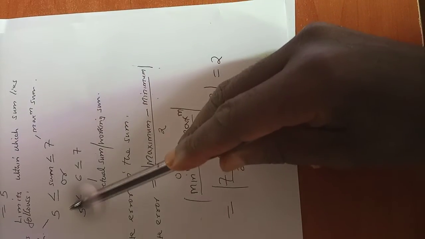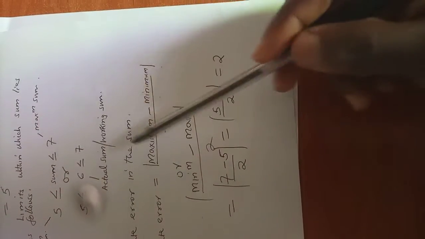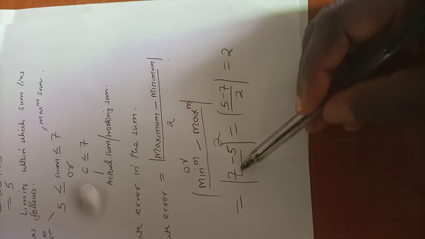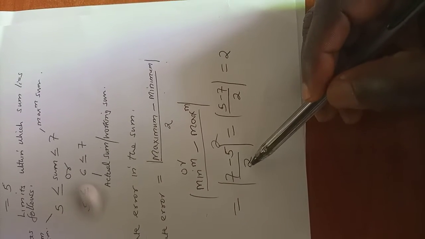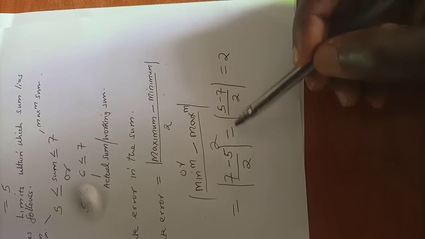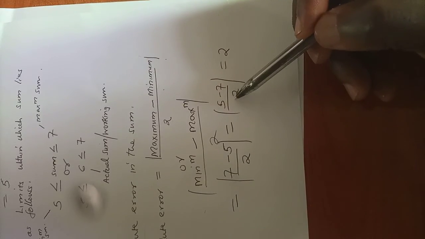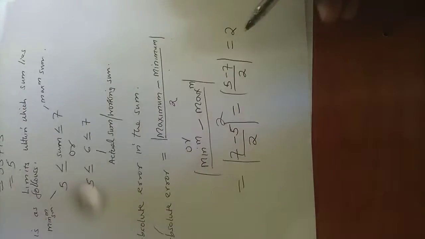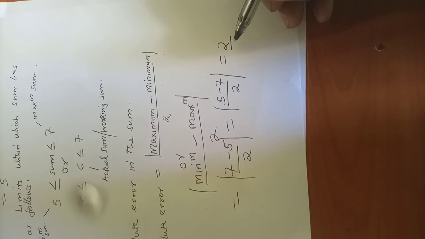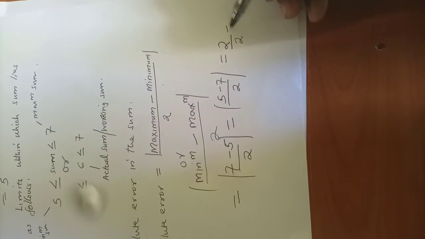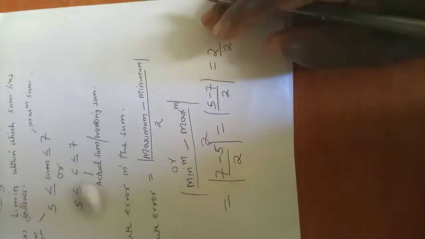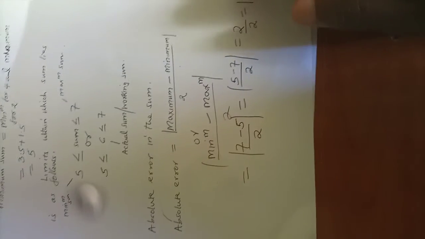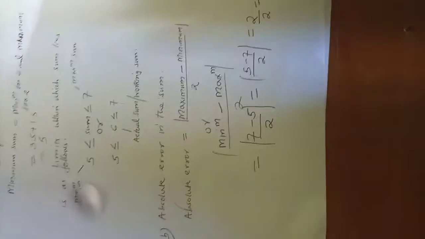So it is 7 minus 5 divided by 2, which is the same as 2 over 2, which is the same as what? 1. So the absolute error in the sum of 4 plus 2 will be 1.